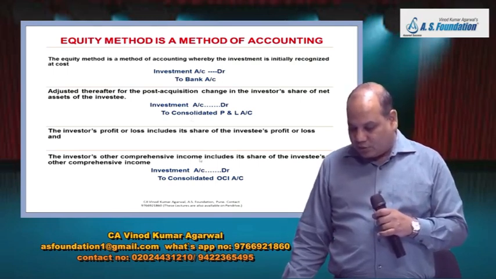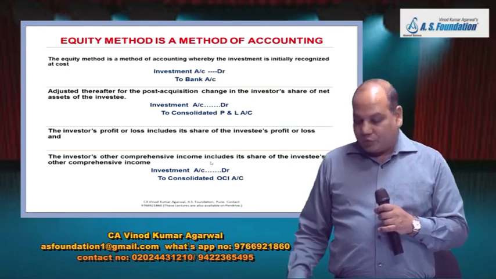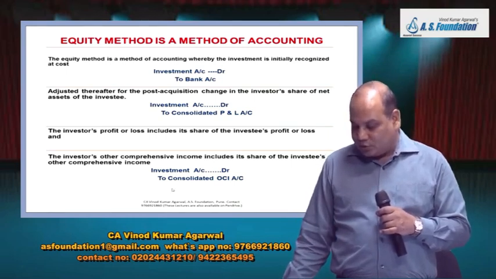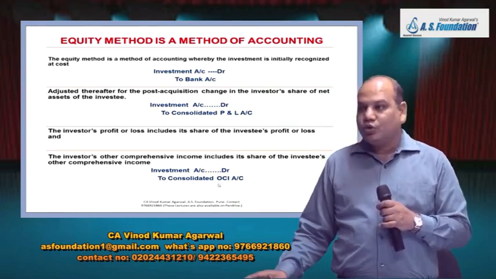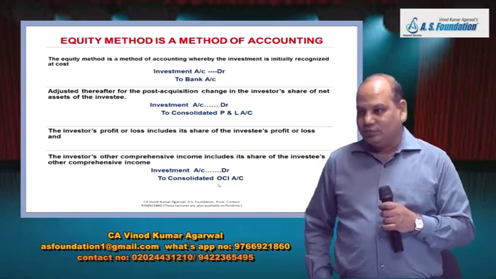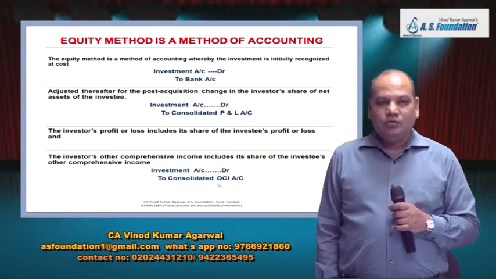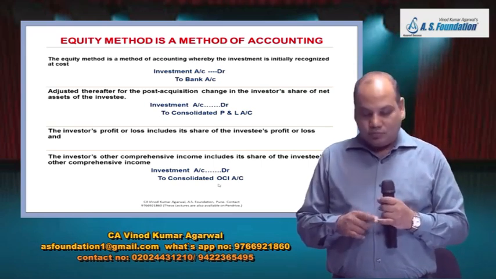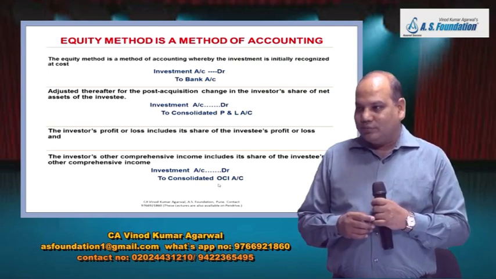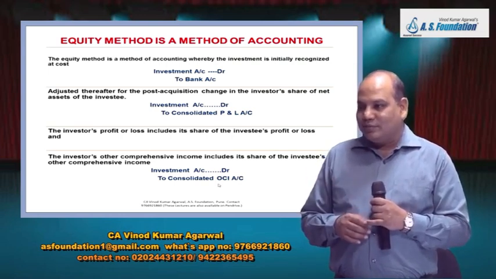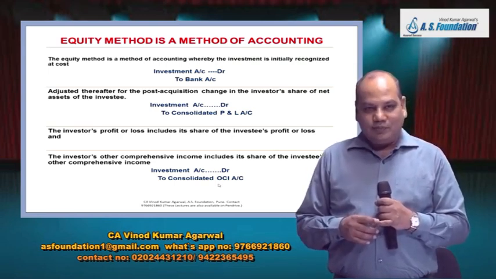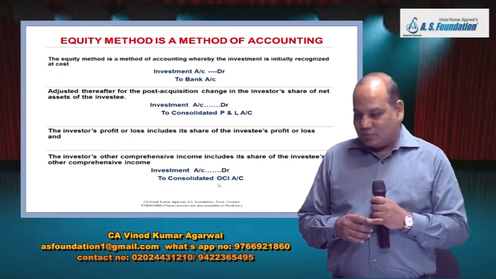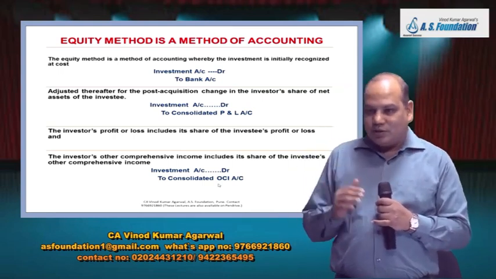Sometimes what happens, point number last on the screen, there may be some transactions which are recorded in the OCI of the associate. Some examples of items which are directly written in OCI of the associate: revaluation gain, actuarial gain, designated financial asset instruments, cash flow hedge reserve.